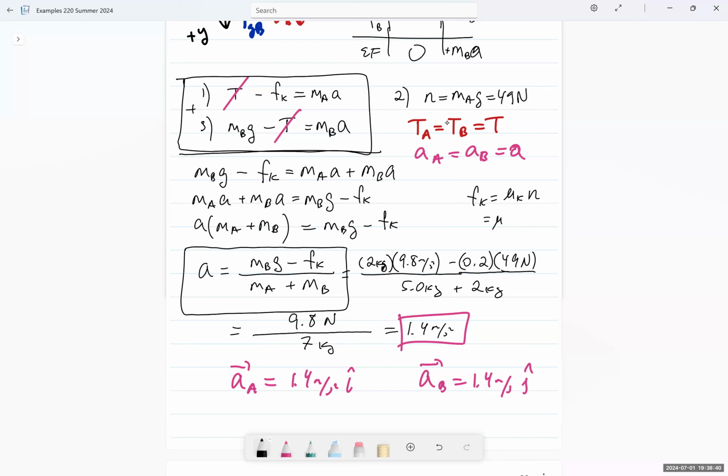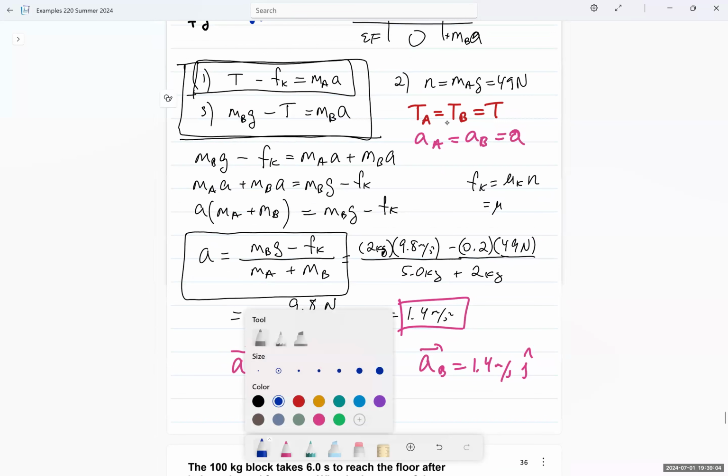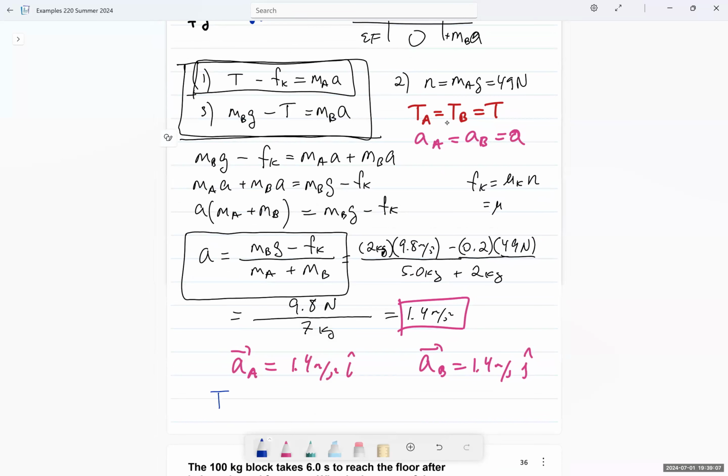But now that I have calculated acceleration, I can go back and calculate the tension. To calculate the tension, I have equation 1 and equation 3. That means going back to those equations and solving for the tension. For example, equation 1 in the original format was tension minus F of k equals mass of A times acceleration. That means tension equals mass of A times acceleration plus kinetic friction.